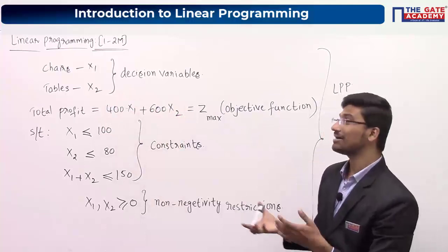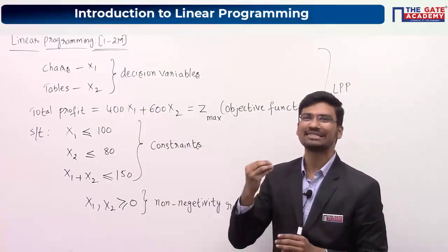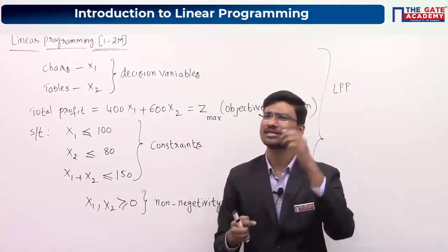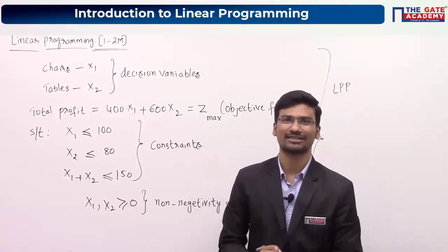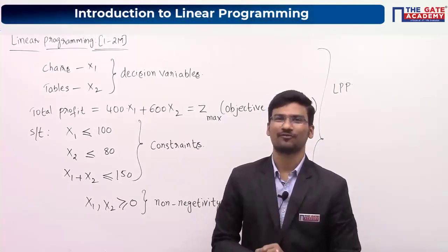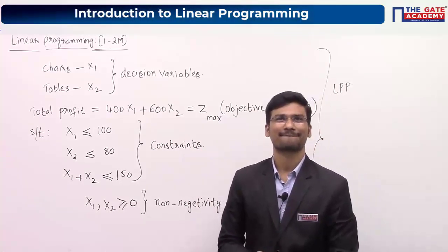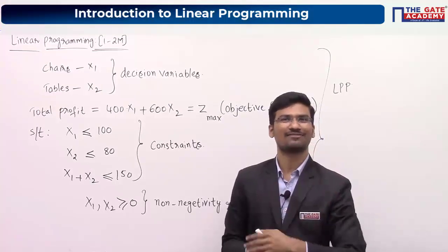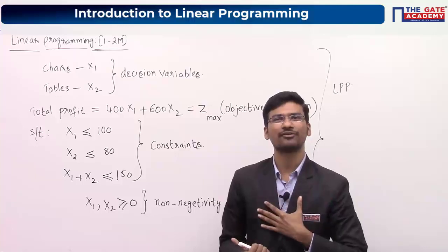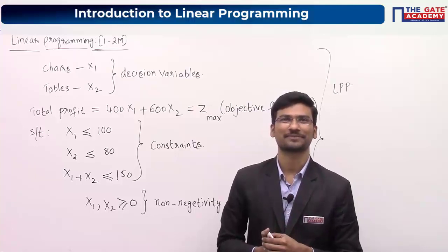So how am I saying it is a maximization function? Again, it is common sense. Let us say you are a manufacturer. Would you like to maximize your profit or minimize your profit?